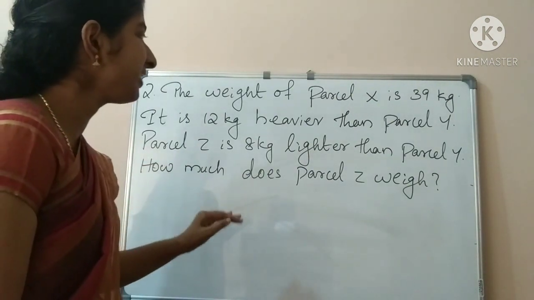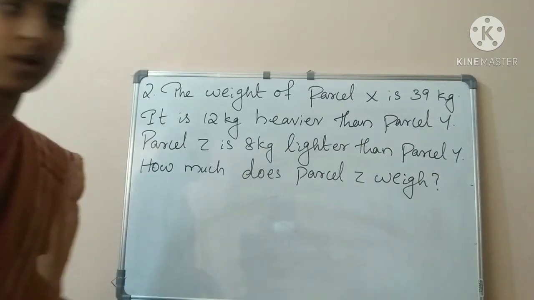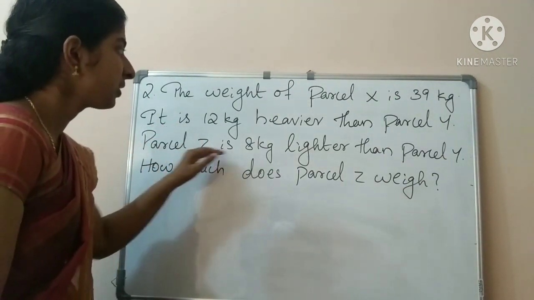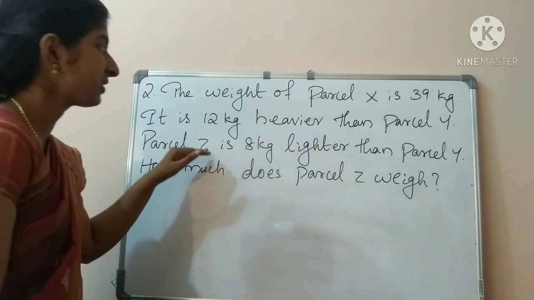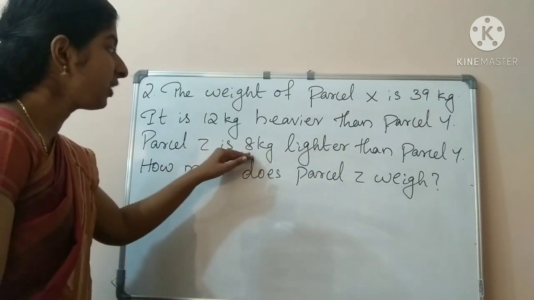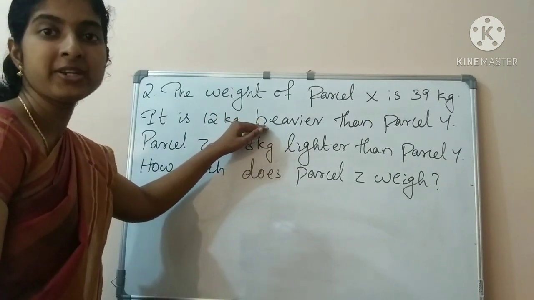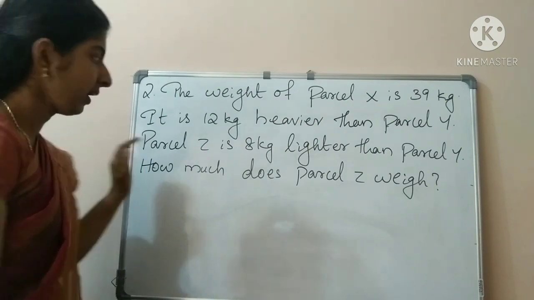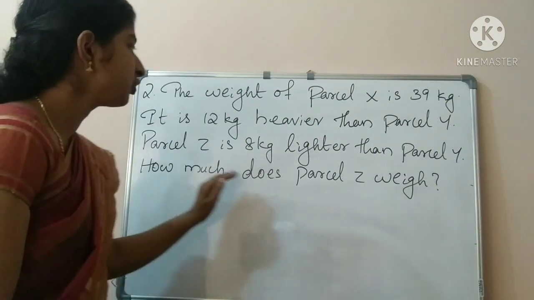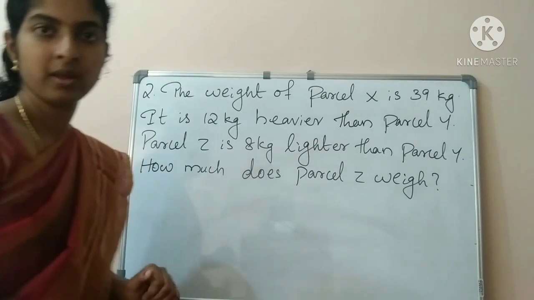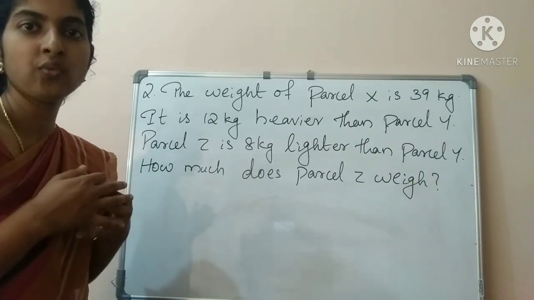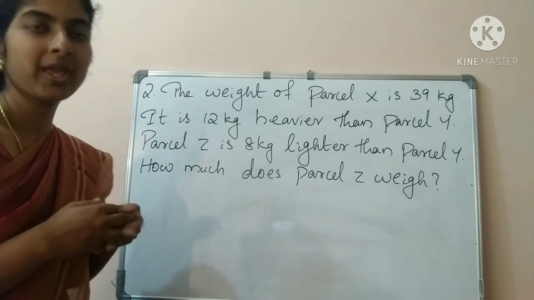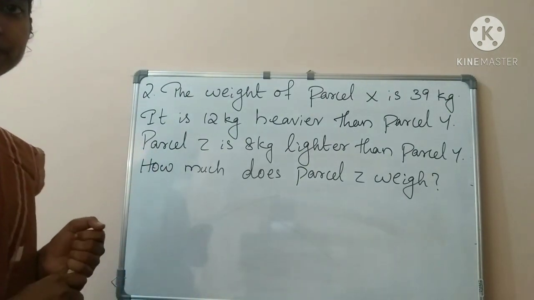Parcel Z is 8 kilogram lighter than parcel Y. We subtract 8 kilogram from the weight of parcel Y. Okay, the last one, how much does parcel Z weigh? What is the weight of parcel Z? That is the question. Okay, how to write the steps?